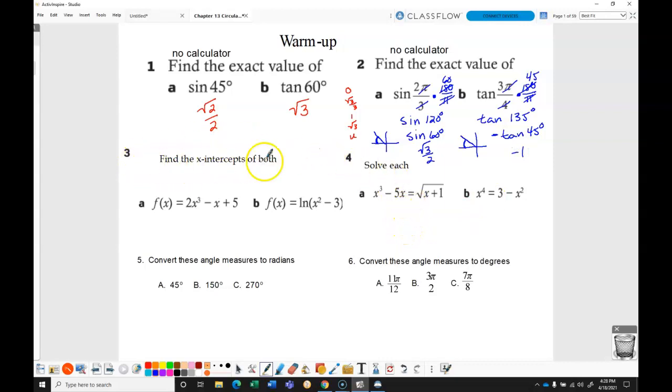I need to find the x-intercepts. It didn't tell me whether I could use my calculator or not, so I'm going to go ahead and use my calculator. So I'm going to start a new document, and I don't save the old, and I want a graph, and I'm typing in 2x cubed minus x plus 5.